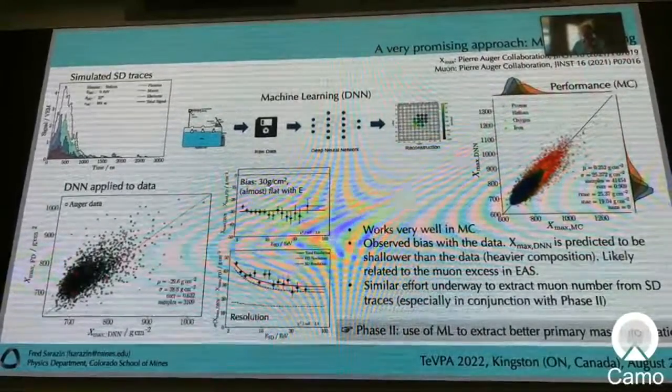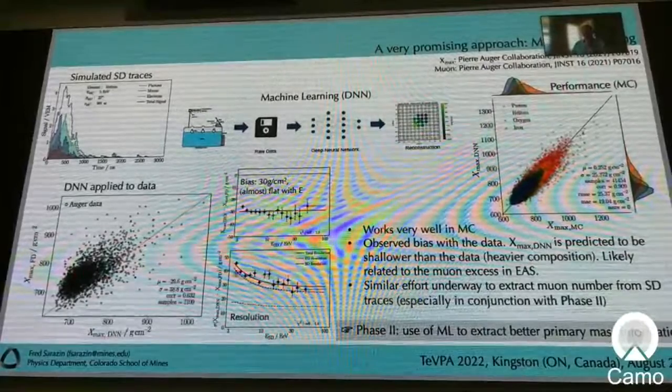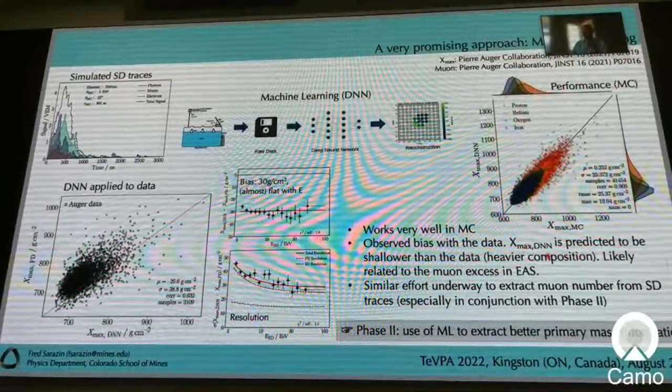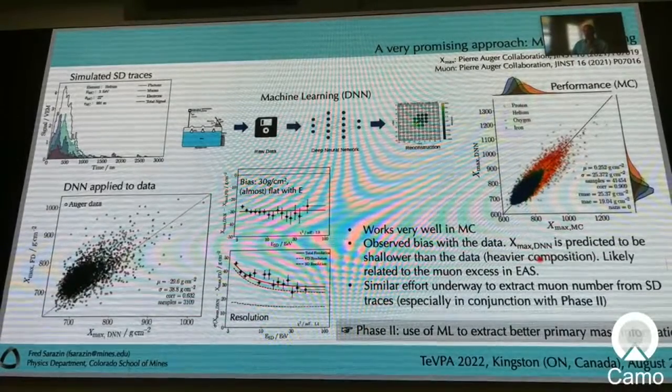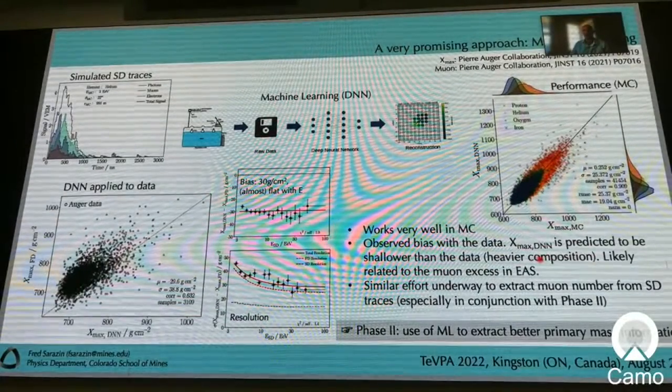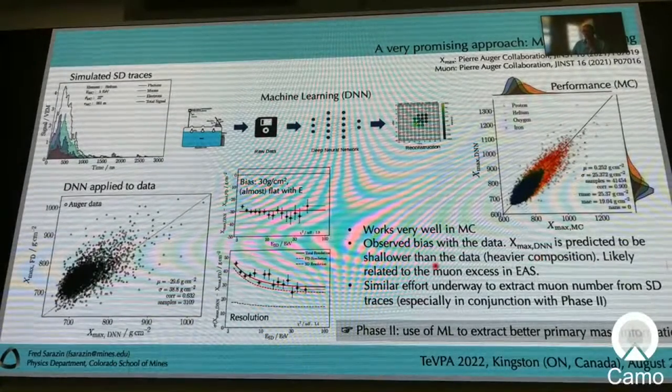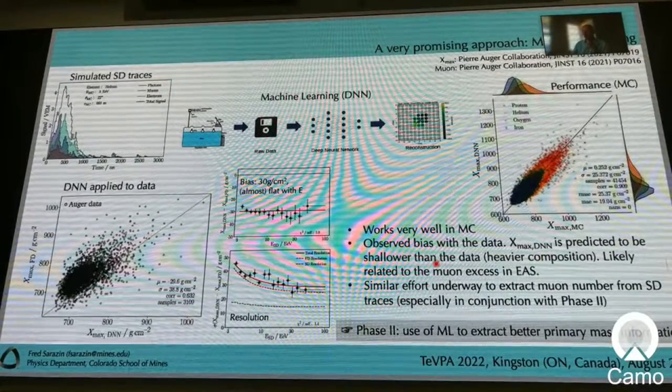In fact, those models in this maximum are going to be shallower than the real extent which comes down to the composition, which can be explained by the fact that there are low minerals in the data in the methodology.